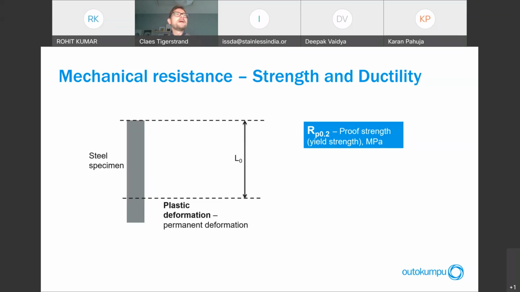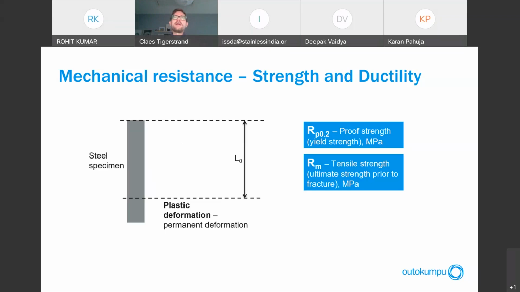So when you add a load and get to the maximum before the fracture, you reach the ultimate tensile strength, the RM value. So that is the ultimate strength prior to fracture.